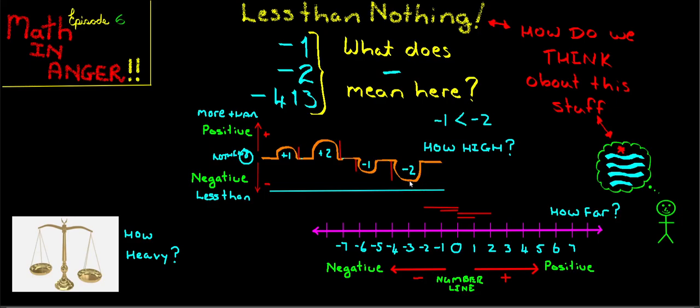And you go and you measure this distance, this height. And now you can see that, hold on a second, 1 is higher than 2. And you know, 2 is higher than 1.